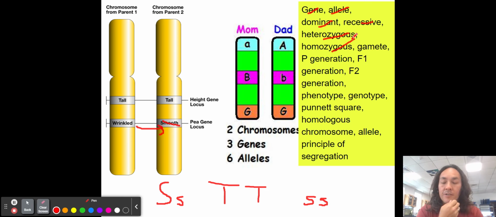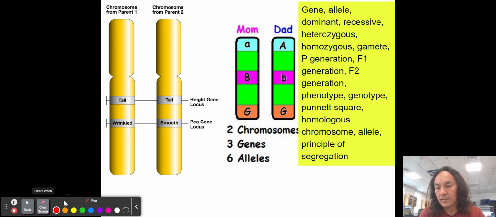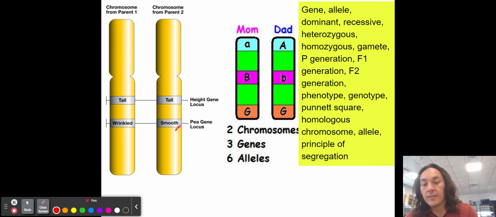A gamete is just going to be a sex cell, and the sex cell from this plant, that is homozygous tall and heterozygous smooth, once again, was big T, big S, little s.